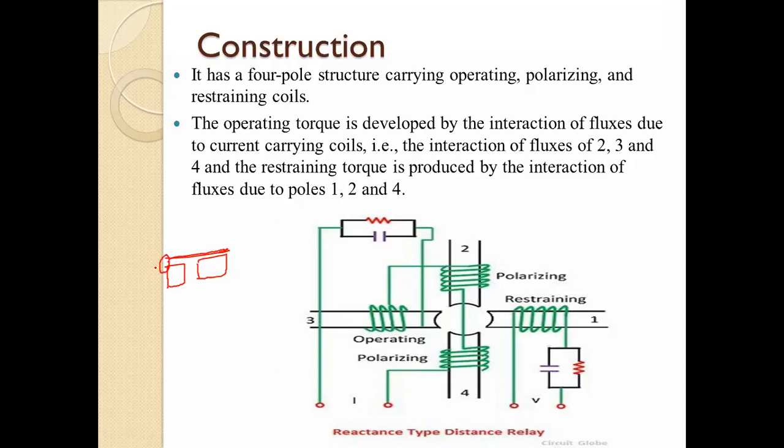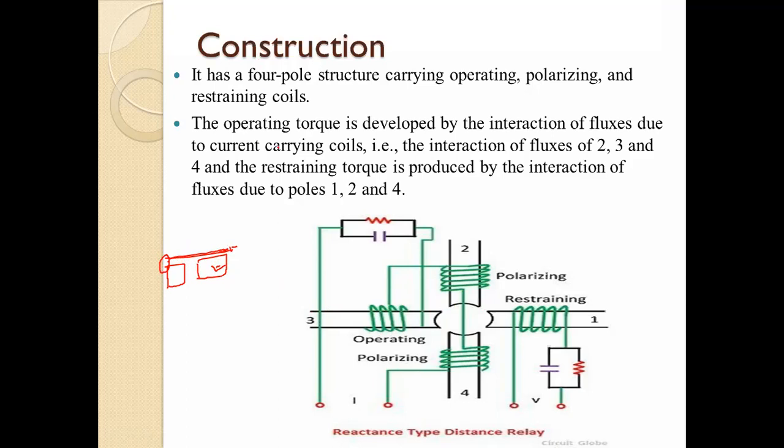But when a fault occurs, the operating coil will attract this, and the relay contact will get closed. So that is the general working of the restraining and the operating coil. If you know the basics, you will easily understand this.